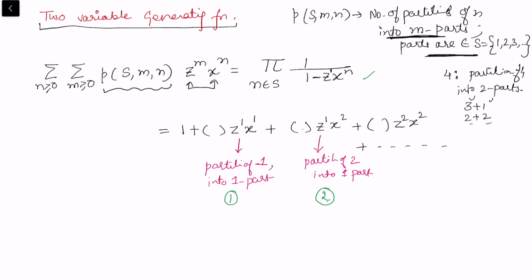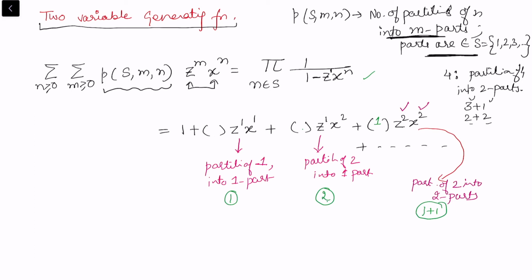Now, similarly, for the next case, how am I going to read? For this particular case, I'm going to read it as partition of 2 into 2 parts. So when I say partition of 2 into 2 parts, this means there will be a partition of 2 into 2 parts, 1 plus 1. And that will be the relevant case. And again, this is equal to 1.